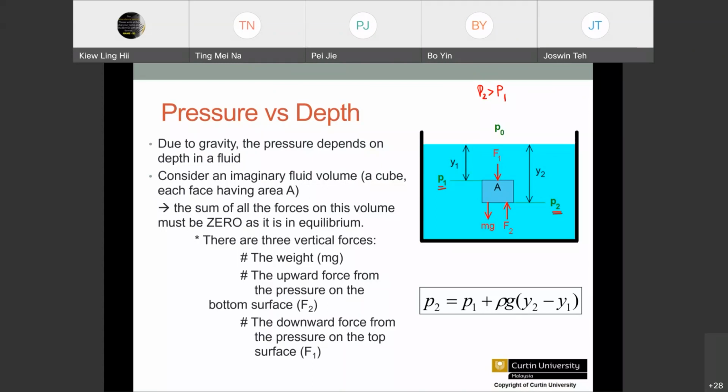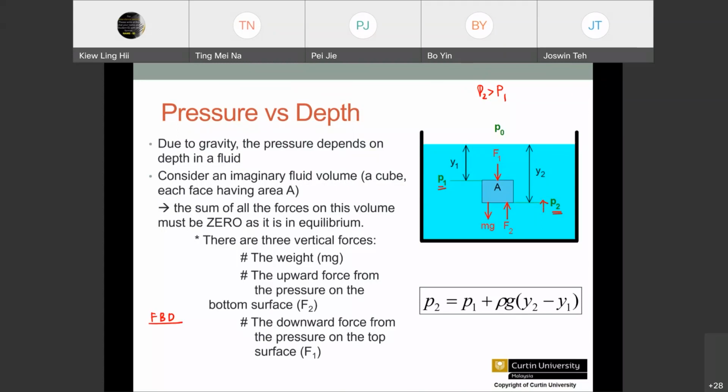So you can imagine that there will be a force acting upwards. This force acting upwards is something that I would like you to pop into your free body diagrams dictionary.